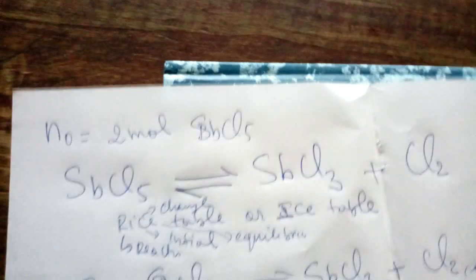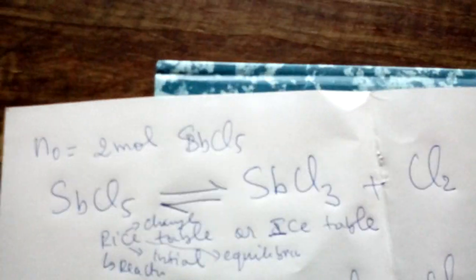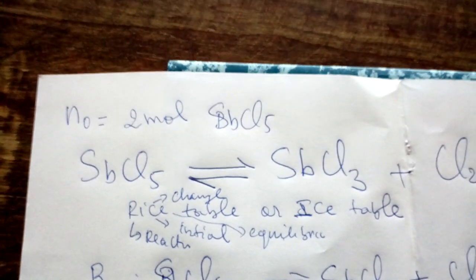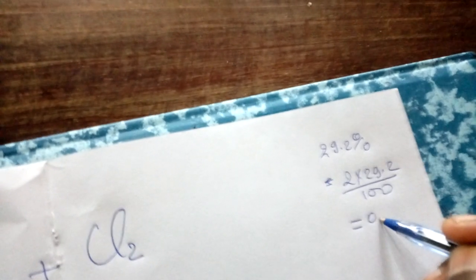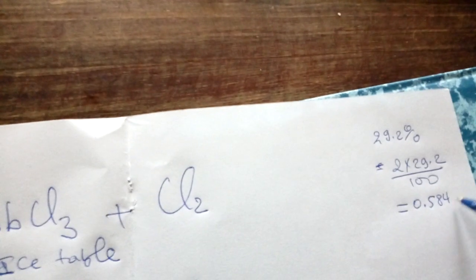At equilibrium, we have 29.2%, and 29.2% is equal to 2 times 29.2 over 100, which equals 0.584 mole.